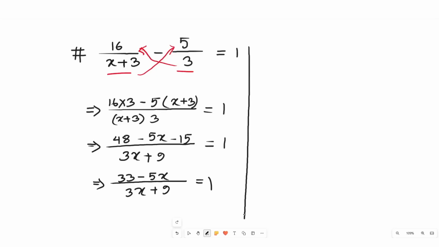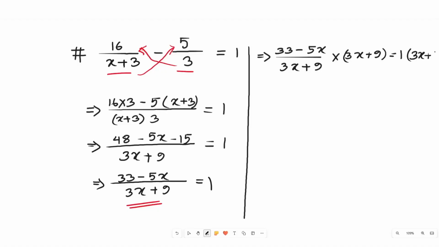Now as you can see, we have a fraction, and the denominator of the fraction is 3x plus 9. To simplify the fraction, we can multiply both sides of the equation by 3x plus 9. So we can write (33 minus 5x) divided by (3x plus 9), times (3x plus 9), equals 1 multiplied by (3x plus 9).